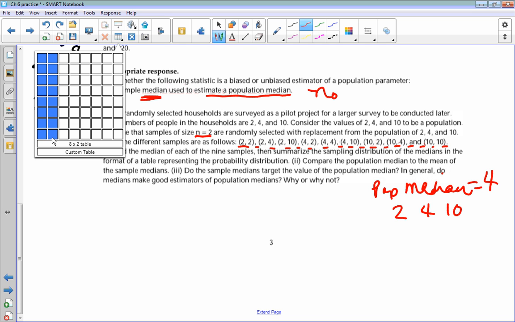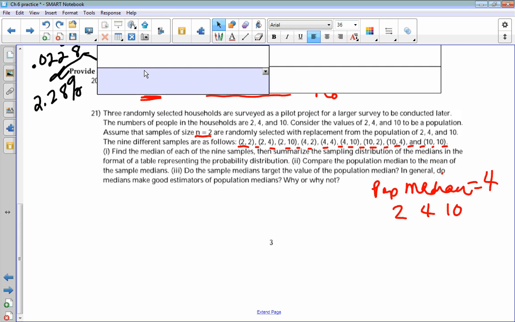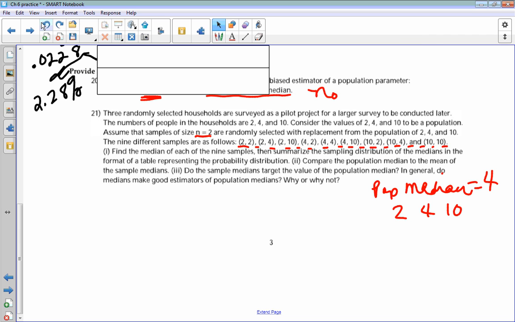It won't let me do enough tables, so we'll get that. Makes it very big too. So let's just instead do the table by hand. That'll be a little easier to see.